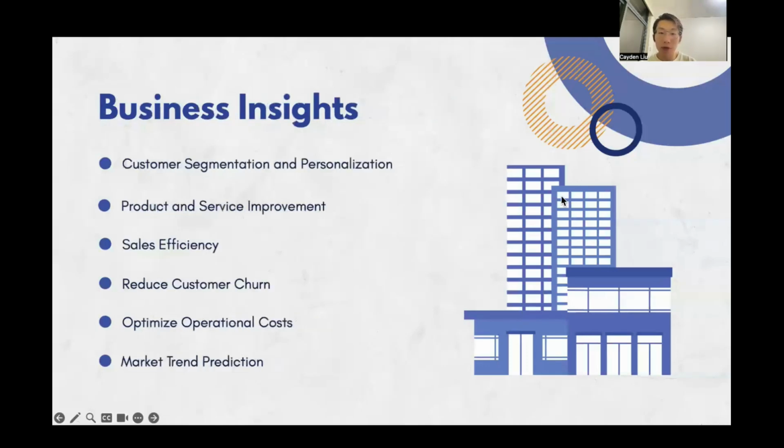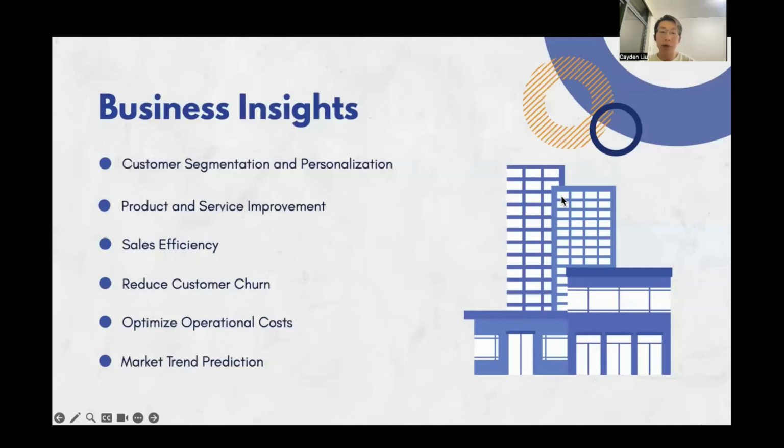These technical improvements translate into substantial business benefits. The model accurately segments customer groups, identifies high-value and potential churn customers, and supports personalized marketing strategies to boost loyalty and reduce churn.